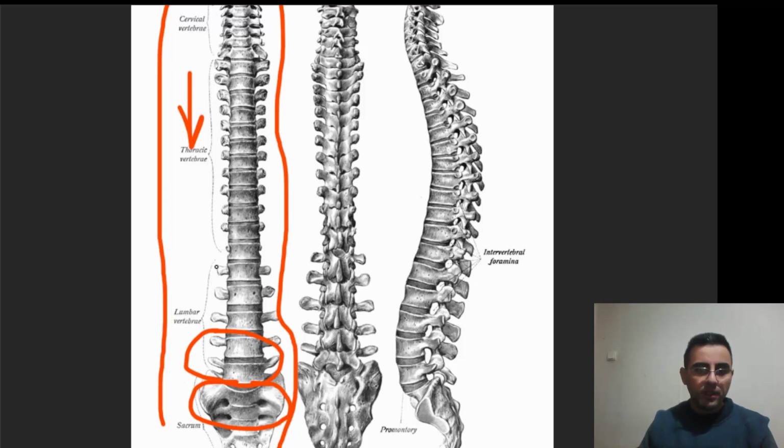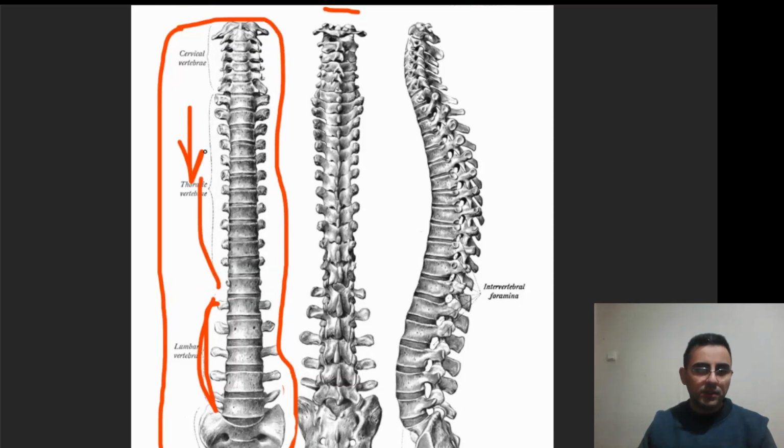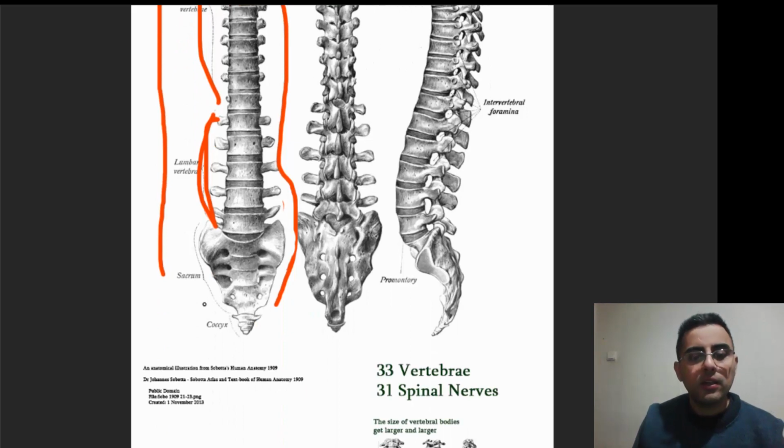Why? Because it supports more weight. So traumas are more frequent here because it supports more weight. It's lumbar vertebrae, lumbar region. Is thoracic region, is cervical region.